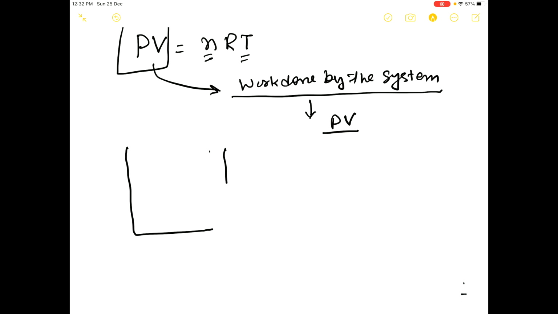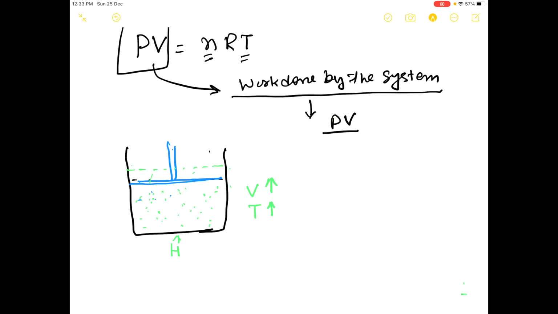This is the system of gas. This is piston here, and here are molecules in this system. Now if we give heat to this system, what will happen? This gas will expand and volume will increase, temperature will increase, then the piston will reach here and the volume will increase to this.